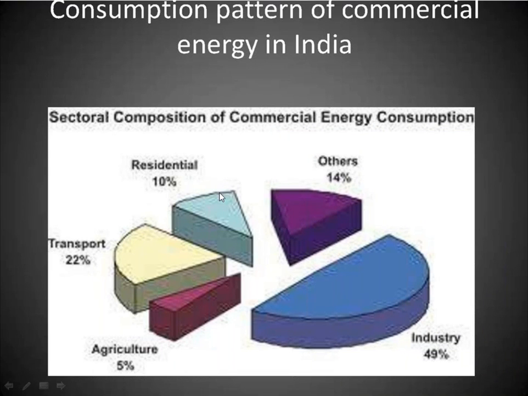This is the sectoral composition of commercial energy consumption. Residential is nearly 10%, transport consumption is 22%, agriculture is 5%, and the most consumption is by industry, which is 49%, and others account for 14%.